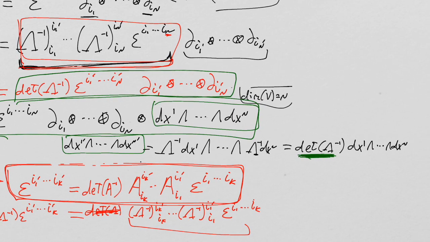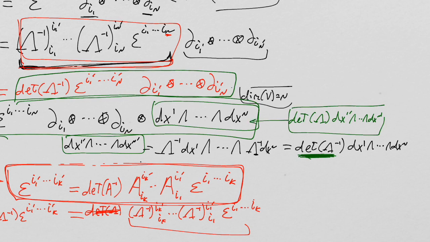The substitution for the second part is going to be the determinant of the covariant transformation, dx1 prime wedge dxn prime. This is what I have to substitute in here, because the determinant of the covariant part times this equals this.